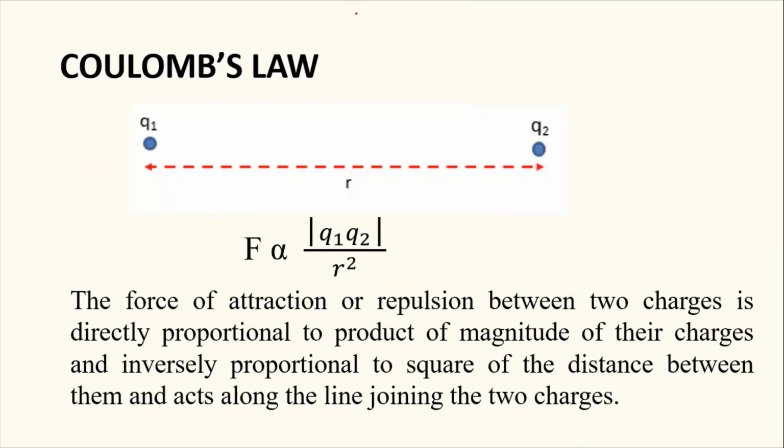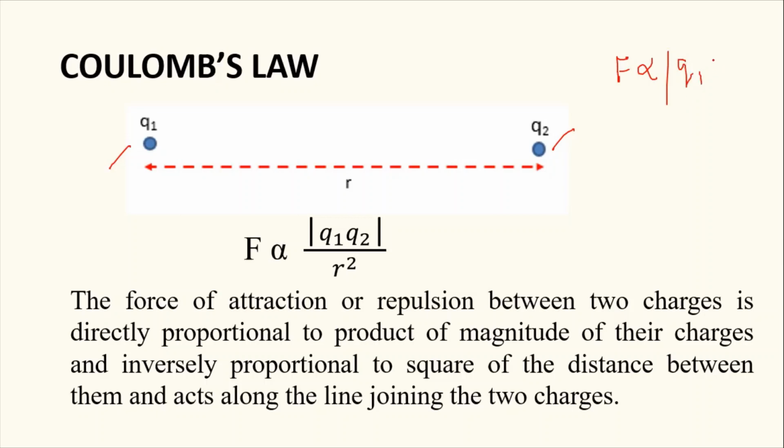Here you can see two charges, Q1 and Q2, placed at a distance r apart. The force between them is proportional to the magnitude, because one charge can be negative, or both can be negative, or both positive, so we take only the magnitude according to Coulomb.